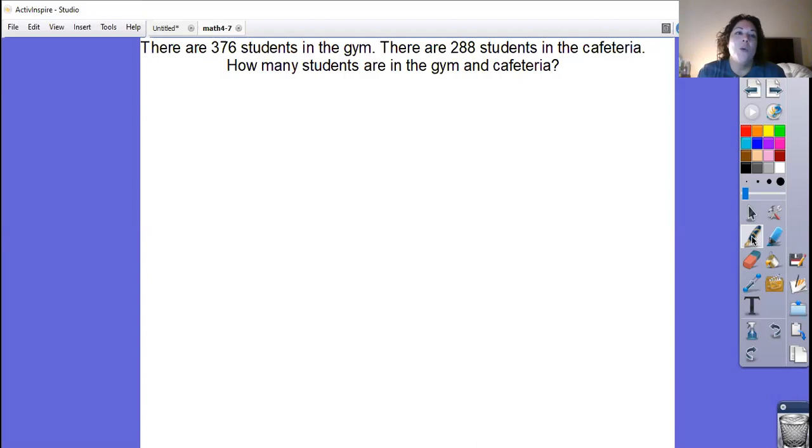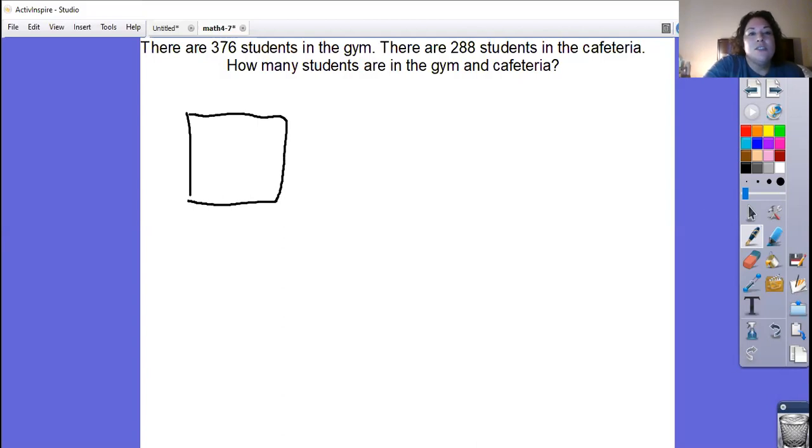So we know that there are 376 students in the gym. I like to just create a little picture in my head of what's happening. So here's the gym, and I know I have 376 students that are in the gym. There are 288 students in the cafeteria.